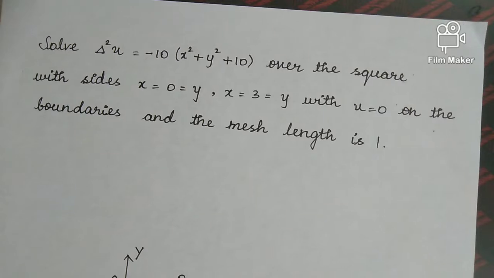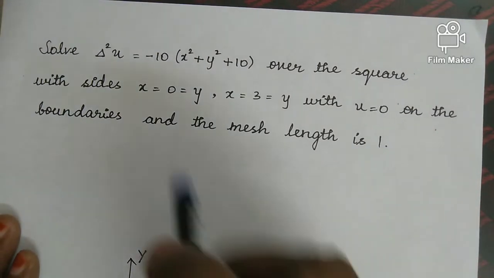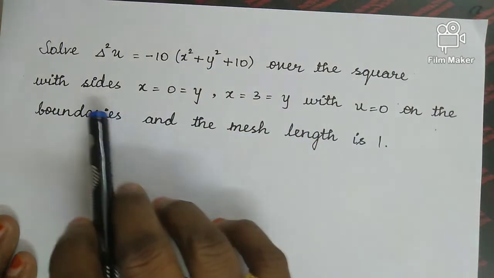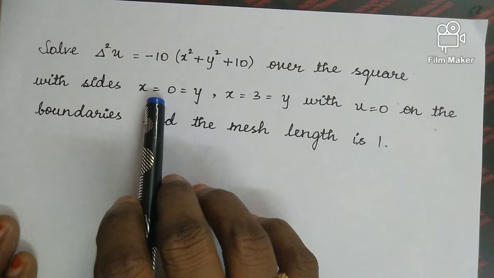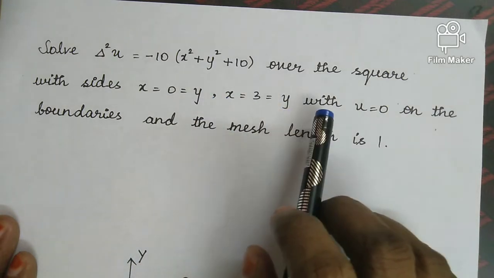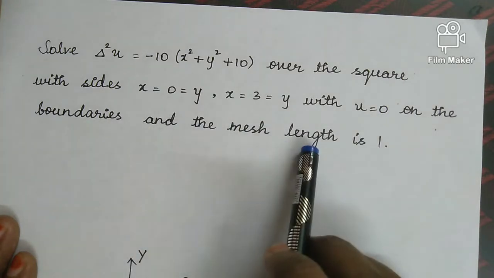Look at the question. Solve del square u equal to minus 10 times x square plus y square plus 10 over the square with sides x equal to 0 equal to y and x equal to 3 equal to y, with u equal to 0 on the boundaries and the mesh length is 1.